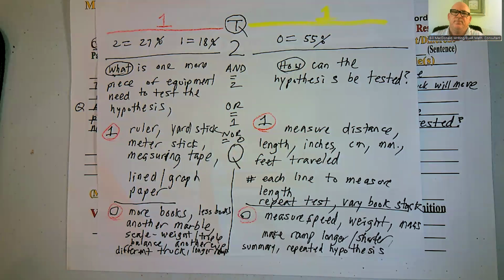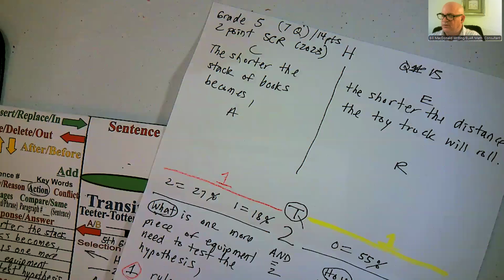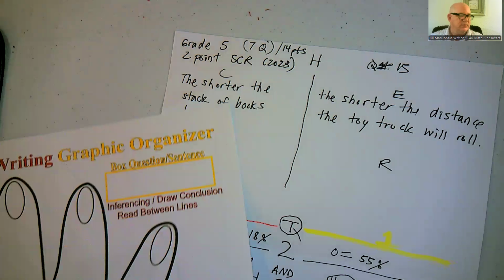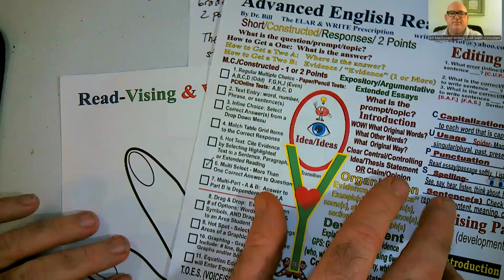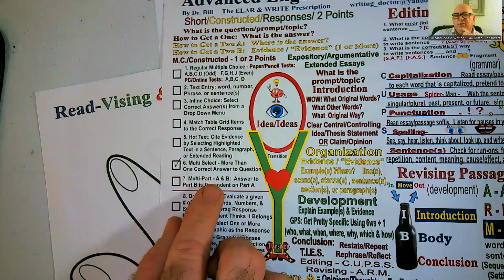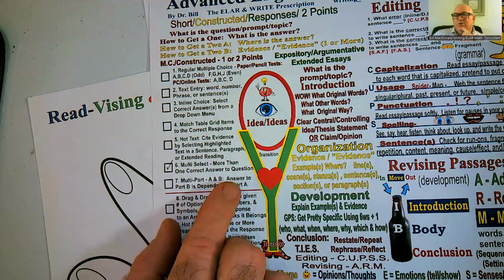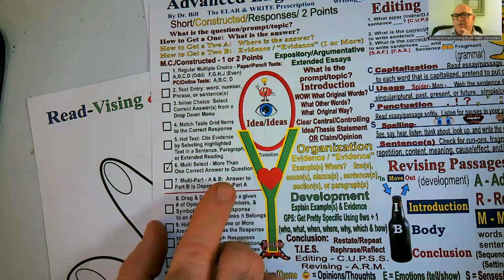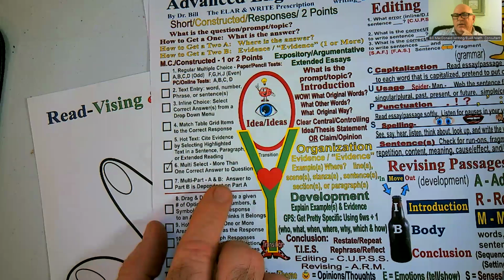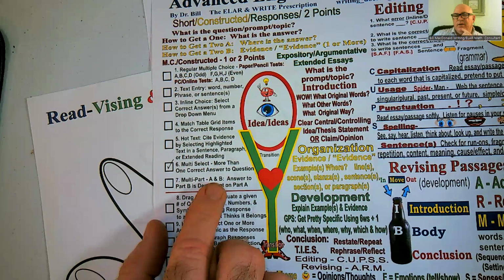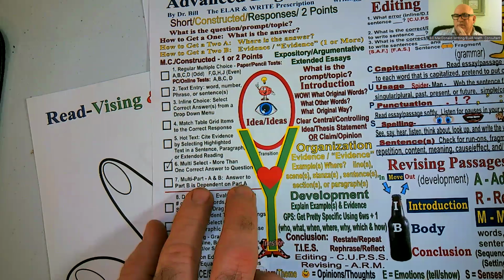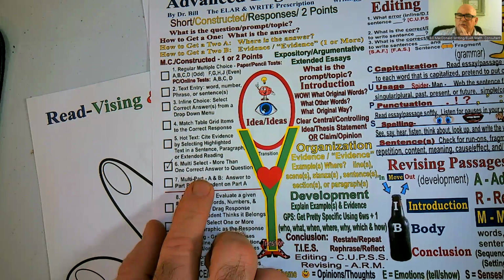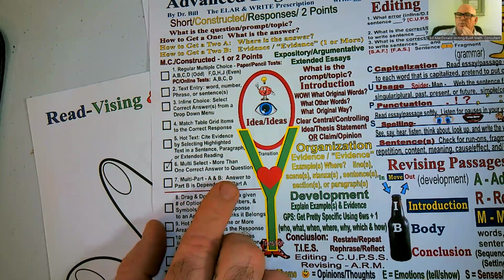The only time that your students would get 0 points for a partial answer is this one right here, number 7, where it says multi-part, part A and B, where the answer to part B is dependent on part A. Your students can have the right evidence, basically, but if the answer is wrong, they're going to get 0 points.